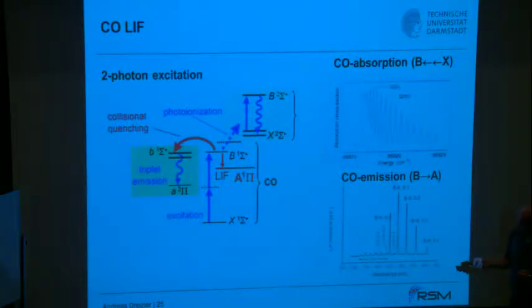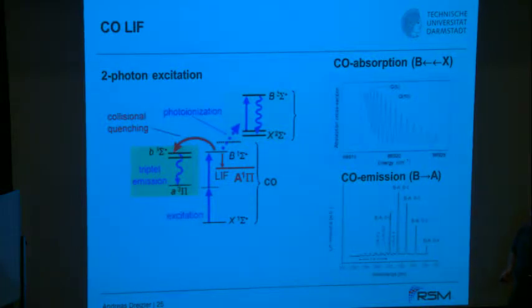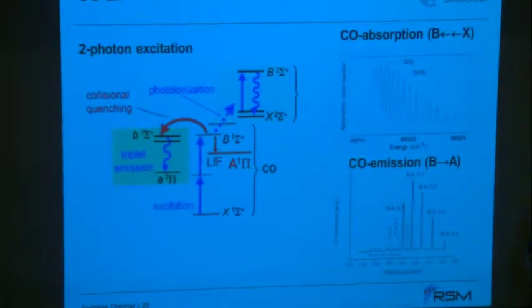Instead of using that deep UV, you're using here 230 nanometer photons, which can be more easily generated in a normal dye laser after frequency doubling or tripling or frequency mixing. And that radiation, 230 nanometers, can as well be transmitted through air and through the flame.